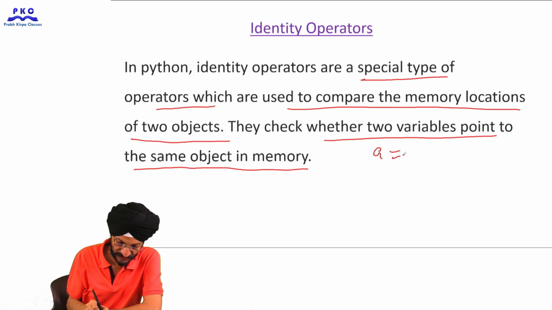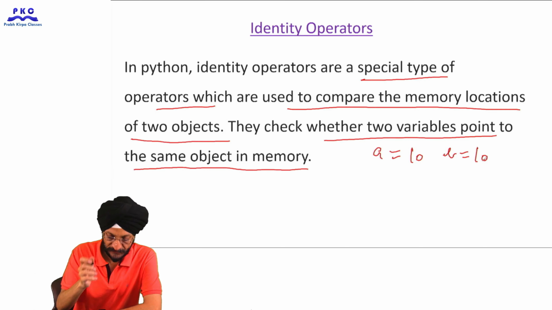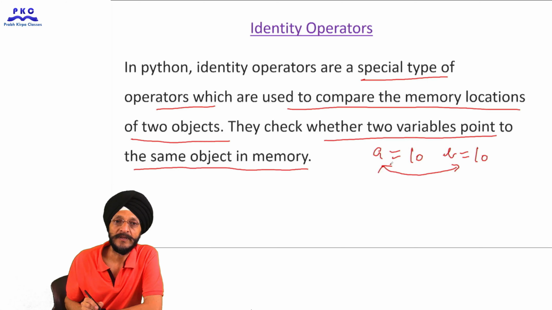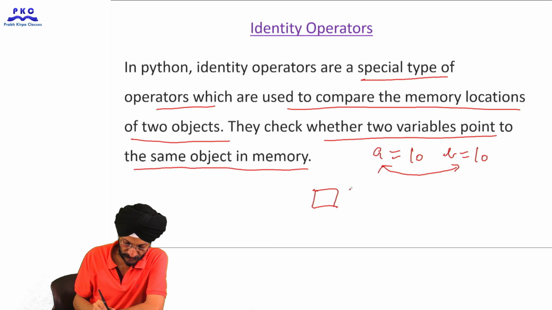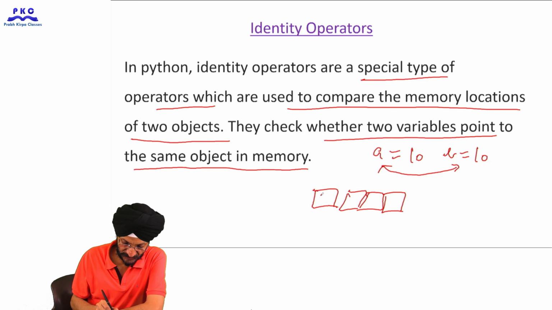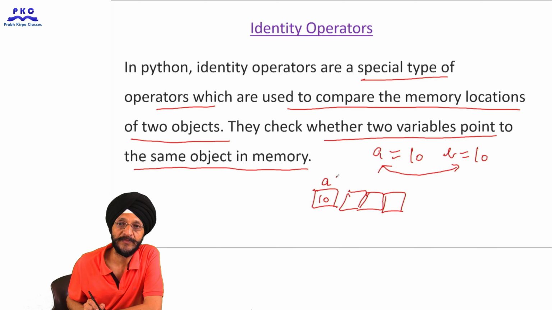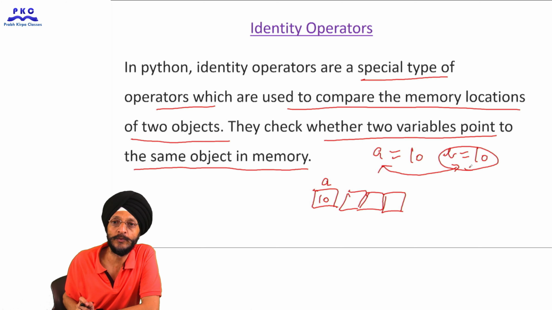Suppose we say A is equal to 10, B is equal to 10. The identity operator will find out whether both these variables point to the same object in memory. What it means, suppose this is the memory location in our computer system. So suppose 10 is stored here and this is the variable A. Now another variable is created with the name B and it also has value 10.